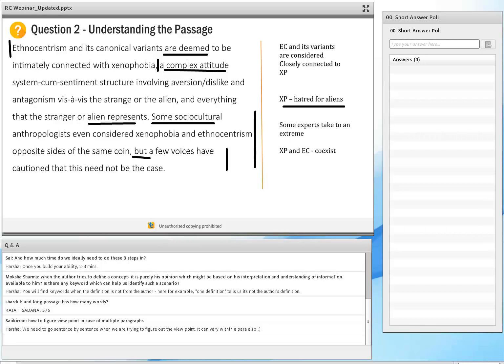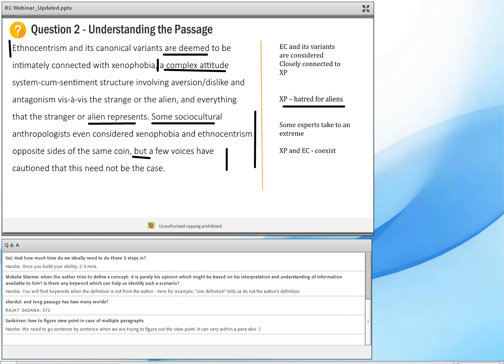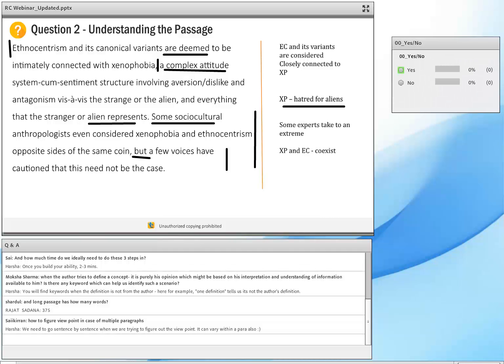When you read this, how many of you got this level of distinction in the passage? How many of you were able to distinguish this as you read? Because if you were, you should have been able to answer the question correctly. But half of you did, the other half did not.